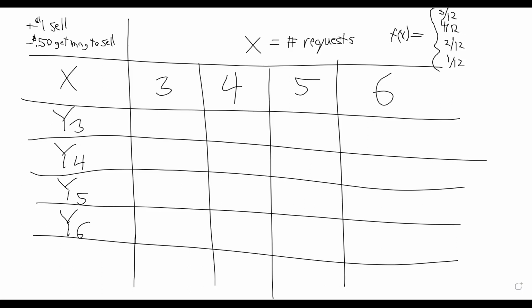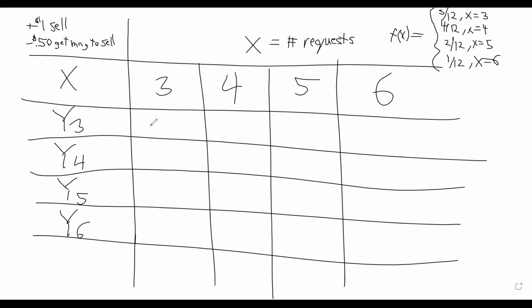This is when x is 3, x is 4, x is 5, and x is 6. Each of those values has those probabilities. That's essentially all the information that was on Word.